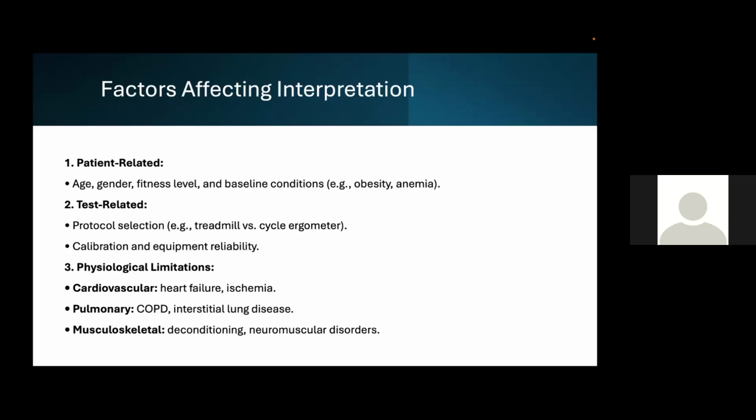The second factors are test related: the protocol selection, treadmill versus cycle ergometer, and the calibration and equipment reliability also affect our interpretation. And then we'll come to identify the physiological pattern, starting with cardiovascular, and then pulmonary or musculoskeletal.